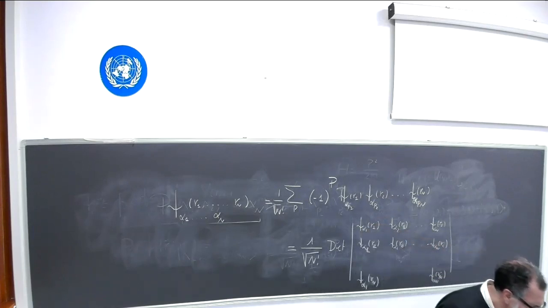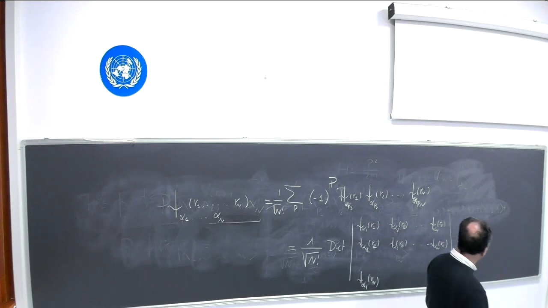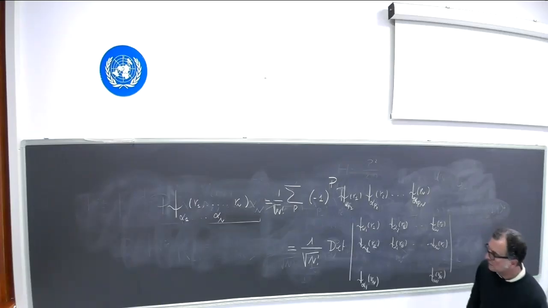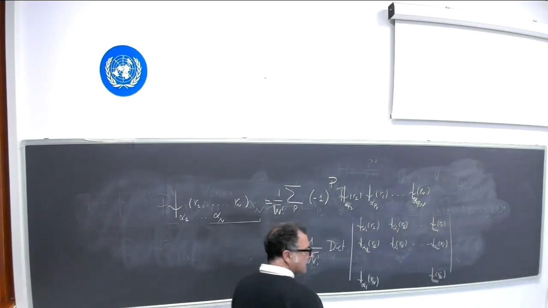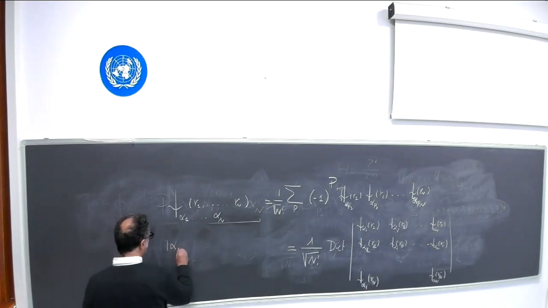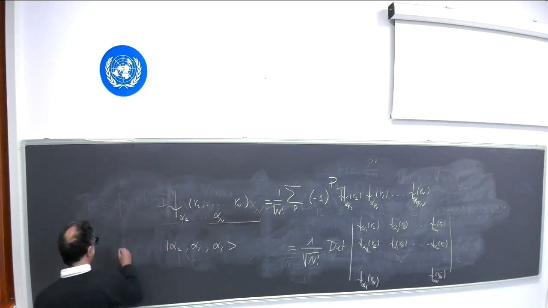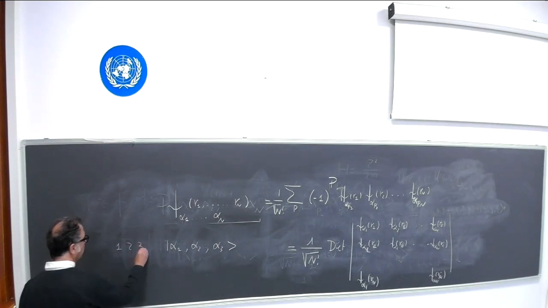Oh, sorry to take you back a bit, but what is alpha p1, alpha p2? So can I give you one example to make it simple? I have alpha 1, alpha 2, alpha 3. This will correspond to the configuration 1, 2, 3.